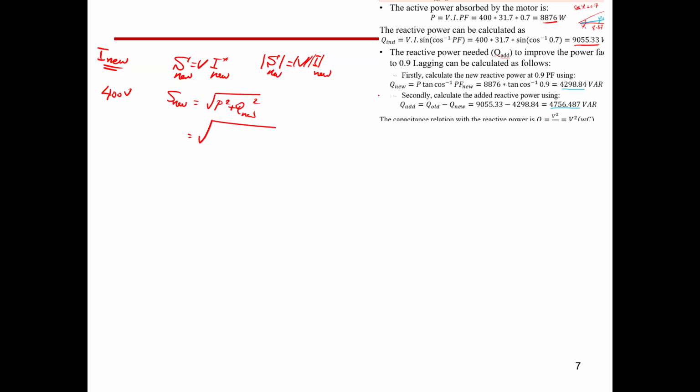So P, we calculated P here, it's 8876. So 8876 square plus Q nu, calculated here, 4298.84, square. Let me calculate that using my calculator.